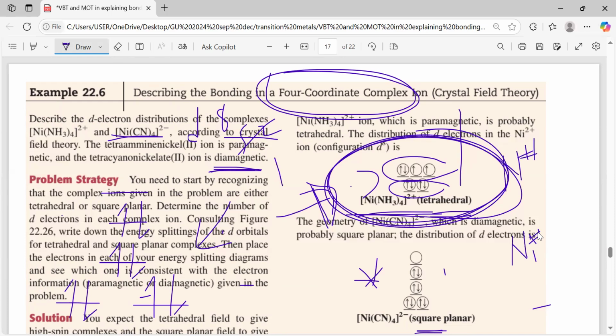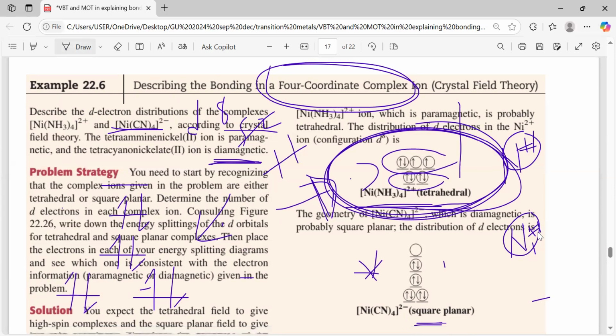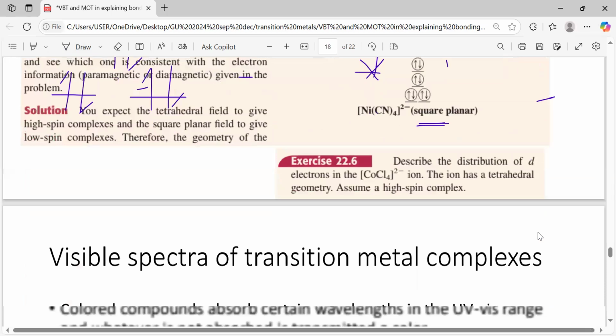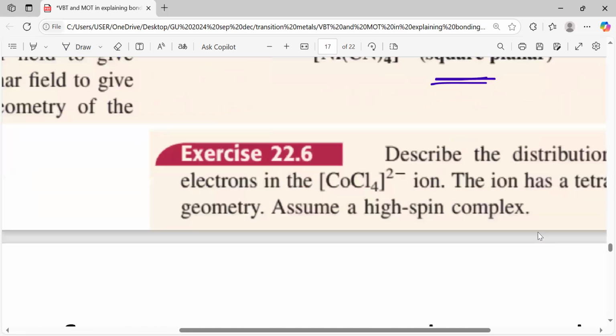Remember, you can also draw your charges like that to mean 2+. We are dealing with the same ion, only that we need to establish whether this ion is paramagnetic or diamagnetic. If it's diamagnetic in this complex, this is how it looks, and if it is paramagnetic in this complex, this is how it looks. So again, the ball is in your court. You revise it and look at it in detail in your own free time.